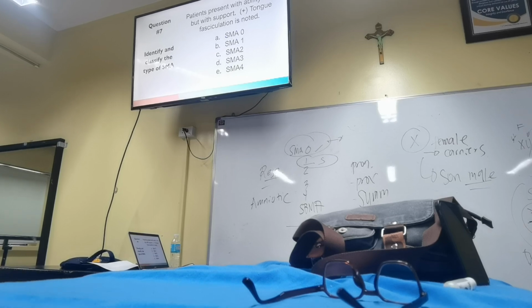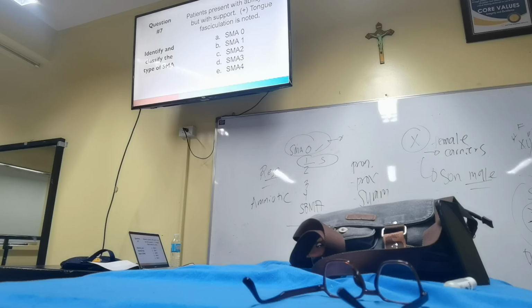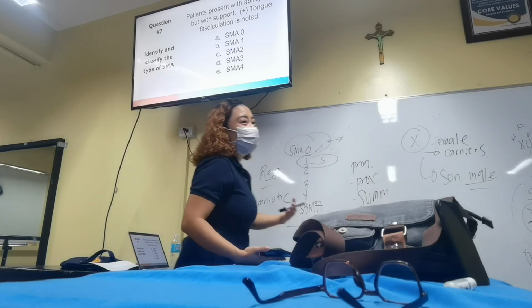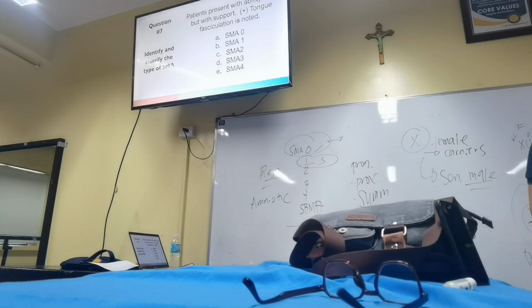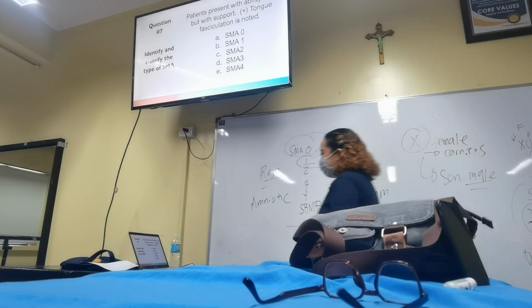Alright, so the answer here is SMA 1. The patient is not able to really sit down unsupported. So that's it. Ability to sit but with support. Okay.